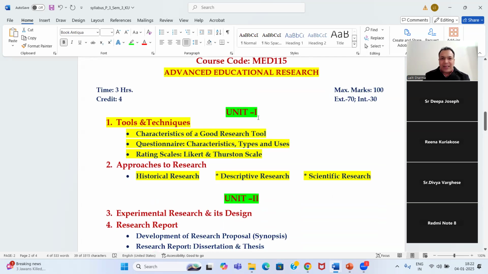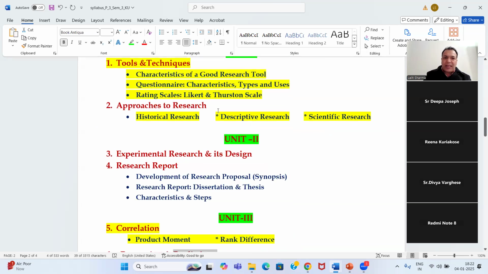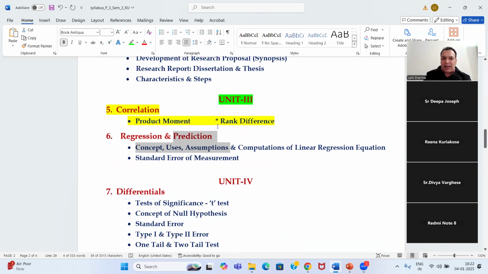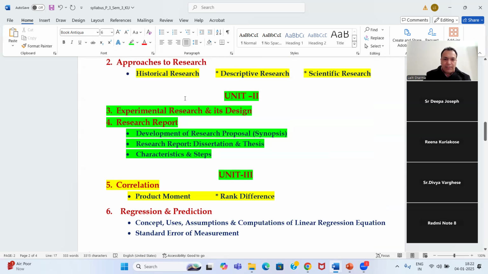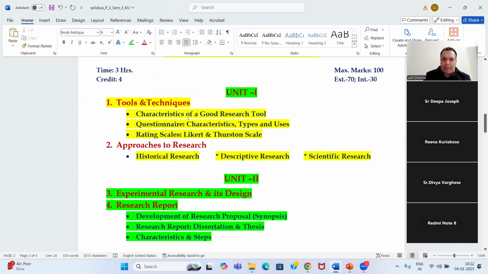And in the last lecture, we have already discussed tools and techniques, approaches and correlations. Today we will cover the unit 2. So already I'm coloring the unit 2, okay, with the green color and the yellow color background. The yellow color we have already covered in the part 1. Okay, you can watch my video, right, guys?